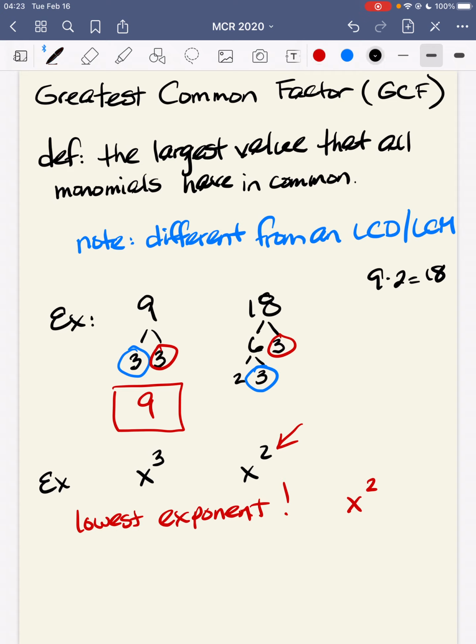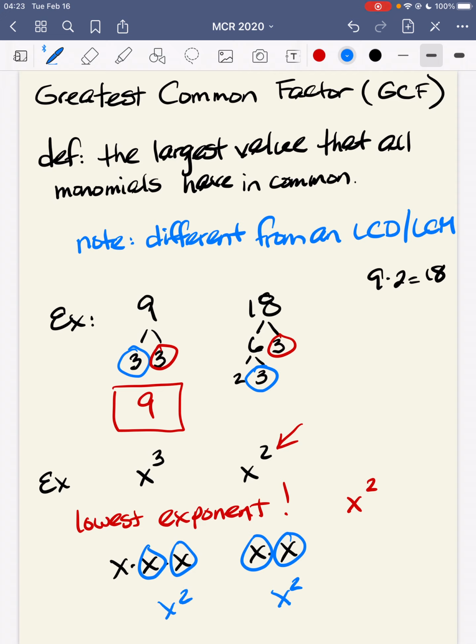Let's look at it in the form of a factor tree. So x cubed is x times x times x. x squared is x times x. And if I circle 1 for 1, I see that indeed they both have 2 x's in common, or x squared.